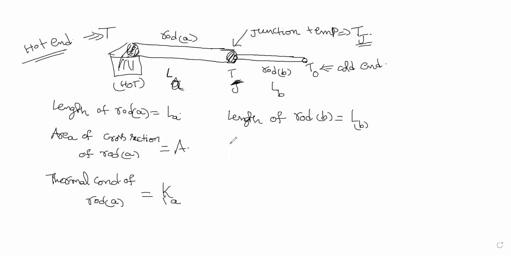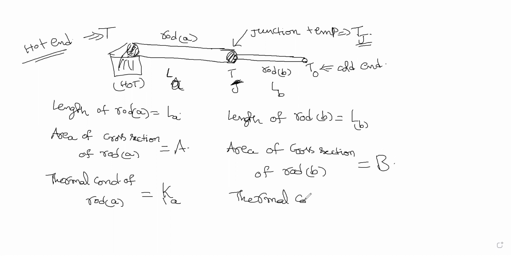The area of cross section of rod B we'll call capital B. The thermal conductivity of rod B we call KB.